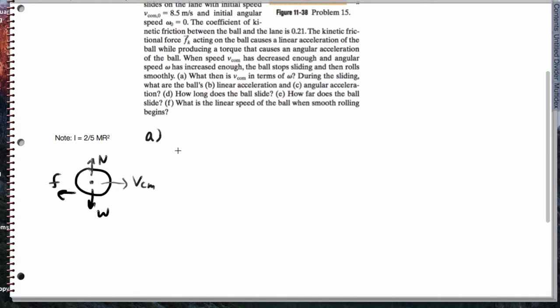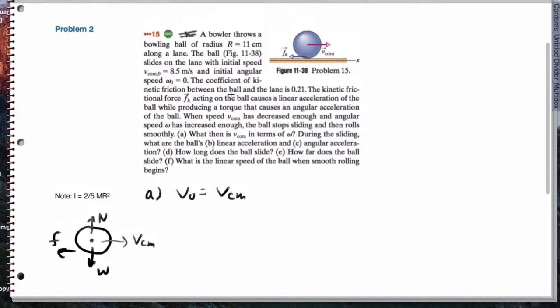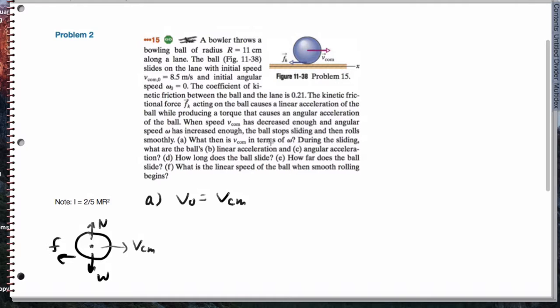So let's be clear here. Initial velocity of the ball is the same as the center of it. And as we begin the problem, here's what it says. Throwing the ball, coefficient of friction. So it is rolling smoothly.